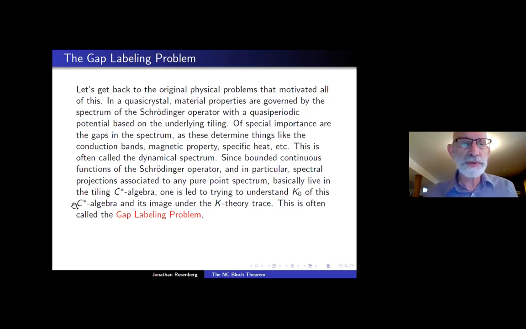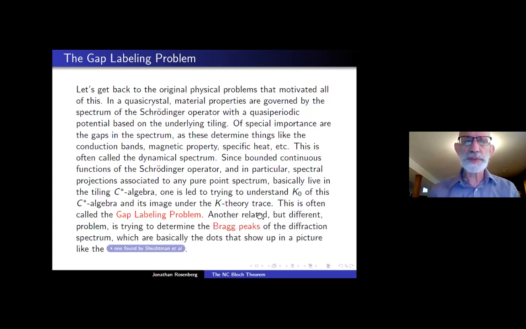You want to understand K0 of the C* algebra and its image under the K-theory trace. That will give you the dimensions of these projections that identify points in the pure point spectrum. That gives rise to the so-called gap labeling problem, which is to try to understand what the K-theory trace looks like very specifically on K0 of the C* algebra. And in principle, if you understood this thoroughly and you know what the Schrödinger operator looks like, then you can go ahead and make explicit calculations.